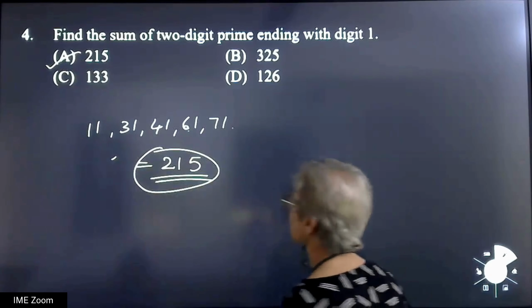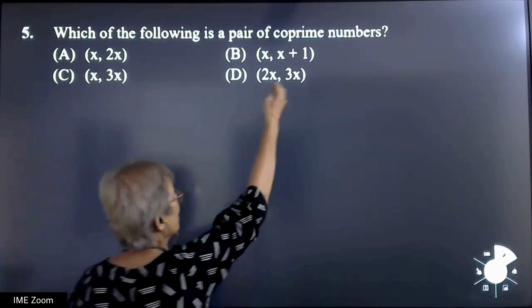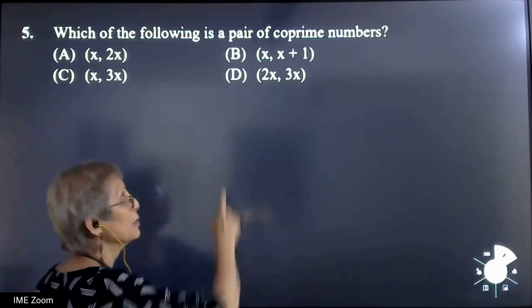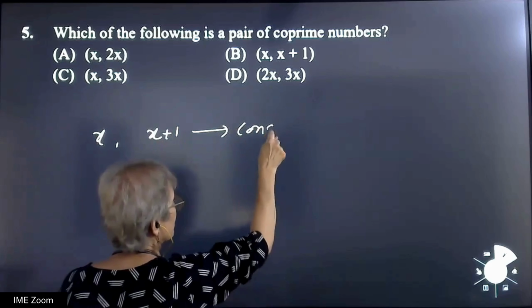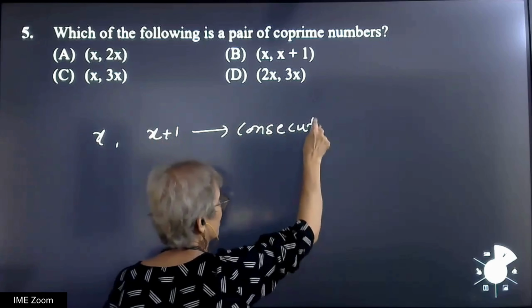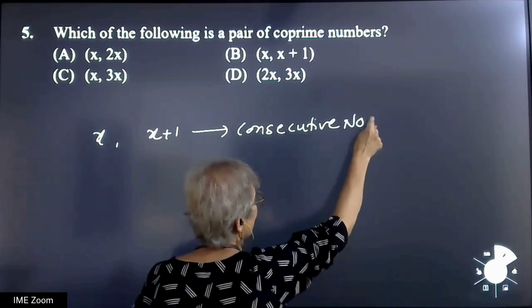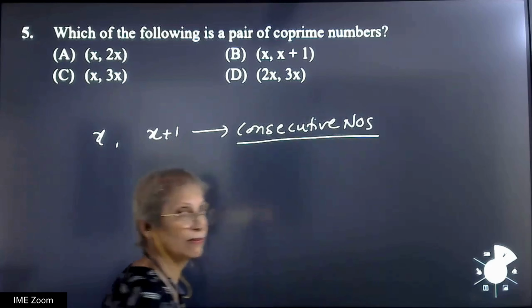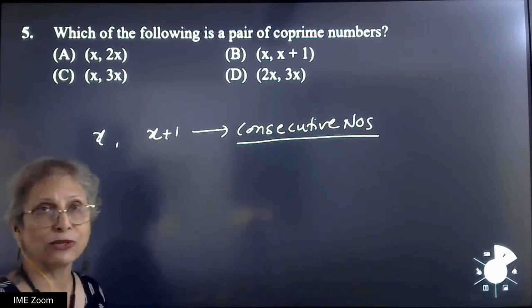Our definition, what does the definition say of co-prime numbers? They do not have any common factor. Here they have common factor x. Here also they have common factor x. But there it is x and x plus 1. These two are consecutive numbers, which means they come one after the other, and consecutive numbers are always co-prime.